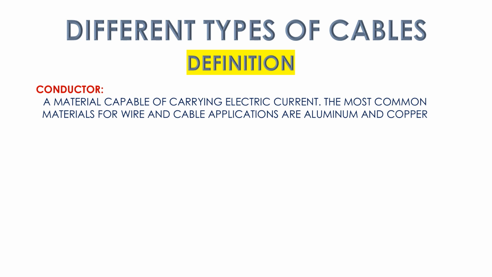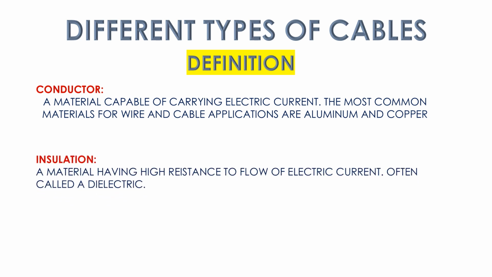Have you seen that in your construction? Have you seen that in your home? Usually you can see copper conductor. It's very rare to see aluminum conductor. So usually it's copper conductor that we are always seeing in our project or even in your home.